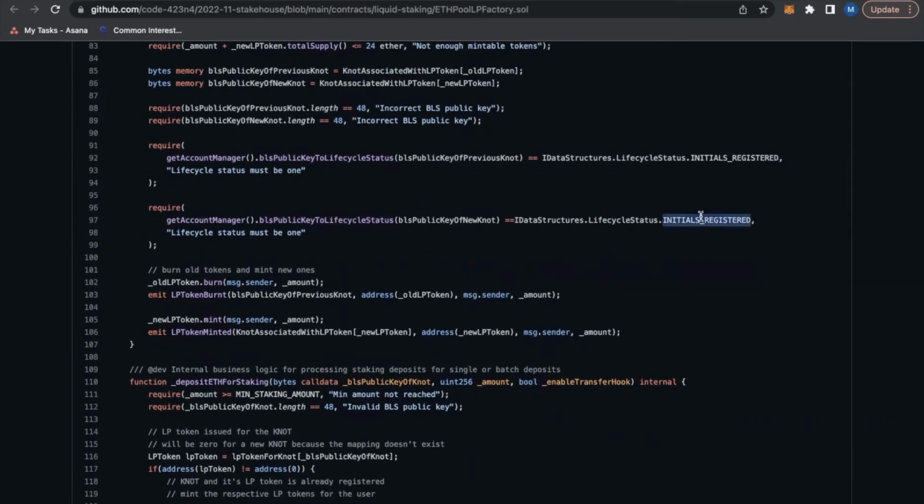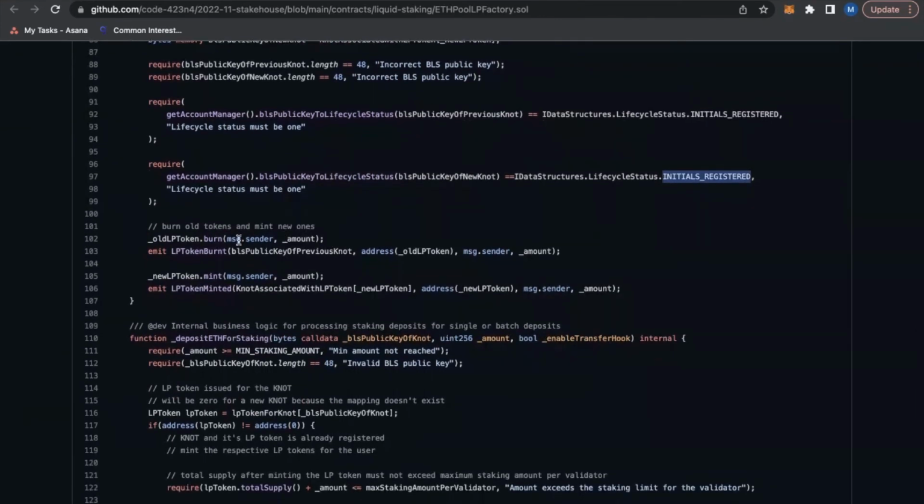So you can see initials registered, and once that is done, we burn the old LP tokens and mint the new LP tokens for you. So both will be an equal amount. You won't lose any portion of LP token or gain any portion of LP token in between. You'll get as many as you burned, and that's what rotation is for you.